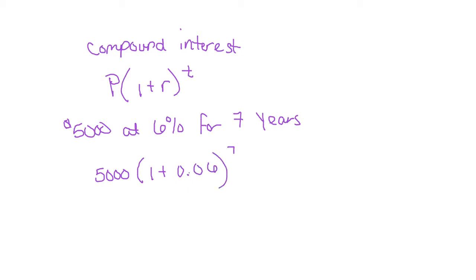We have to remember our order of operations. First we need to do what's inside the parentheses: 1 plus 0.06. So now we have 5,000 times 1.06 to the 7th power. So now we need to do 1.06 to the 7th power, and that's going to give you some sort of decimal.